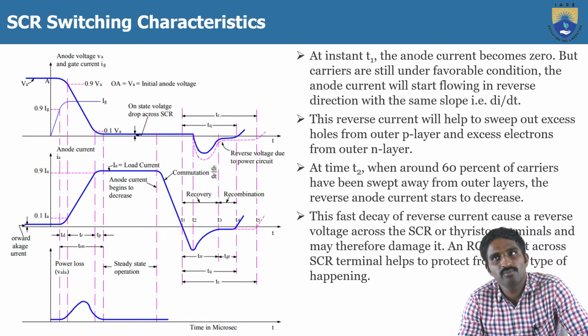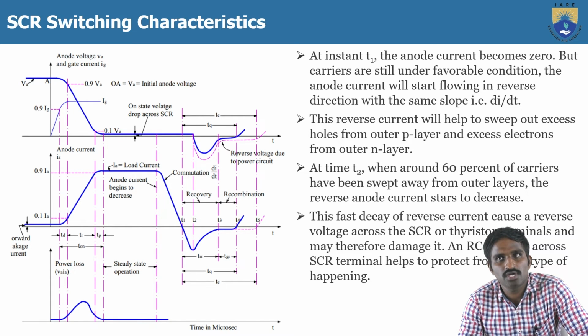Even though the anode current is 0, the carriers are still favorable to conduction; just bringing the anode current below the holding current will not turn off the thyristor.